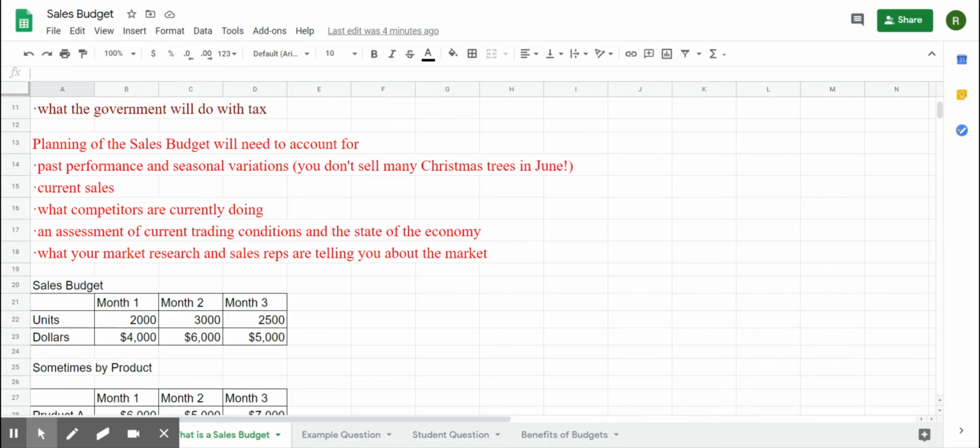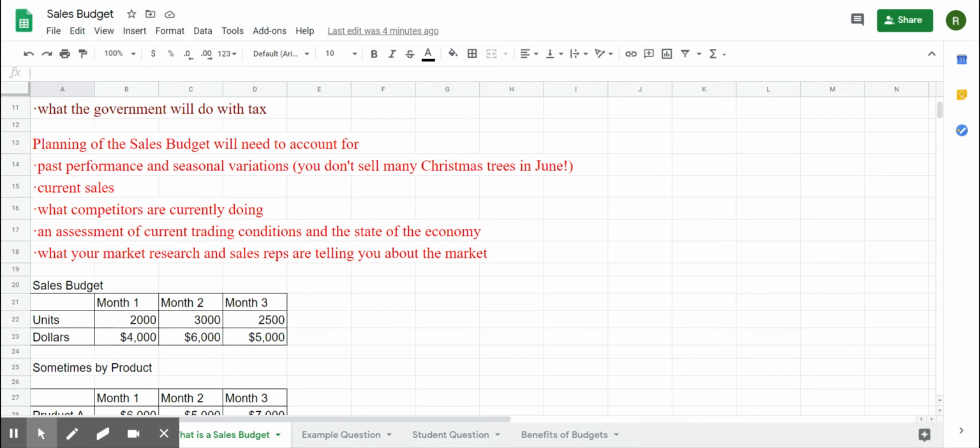So, for example, there are businesses in the UK which grow and then sell Christmas trees. They would not produce a sales budget, anticipating any sales in January, February, March, April, May, June, July, August, or September, or even October. They may start to make some sales in November and December. So seasonality can be very important.